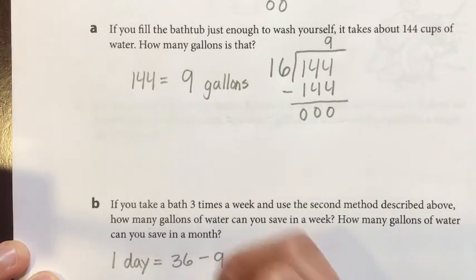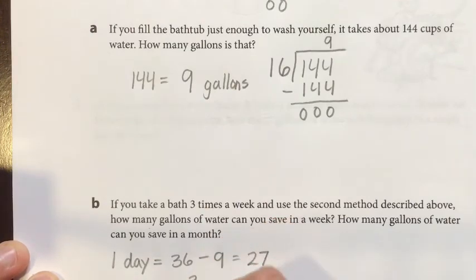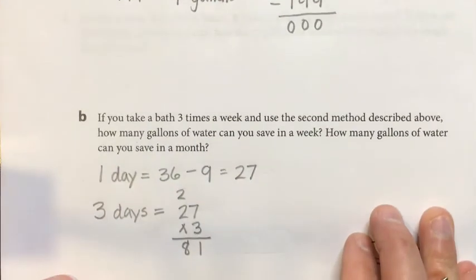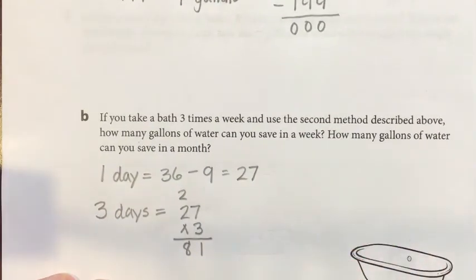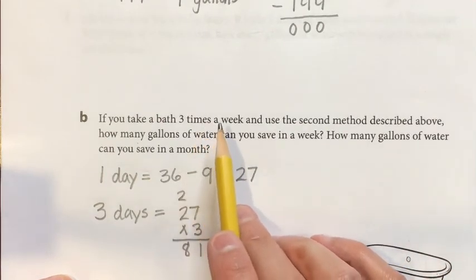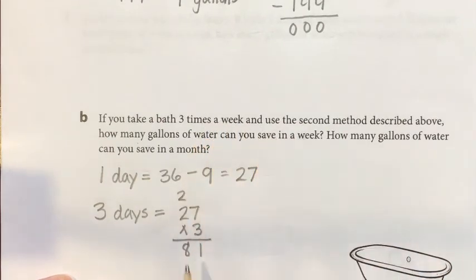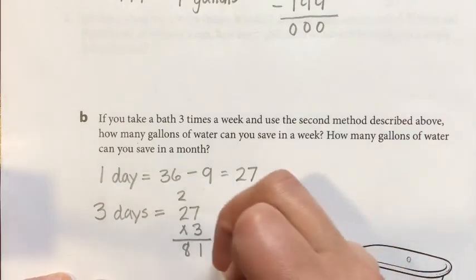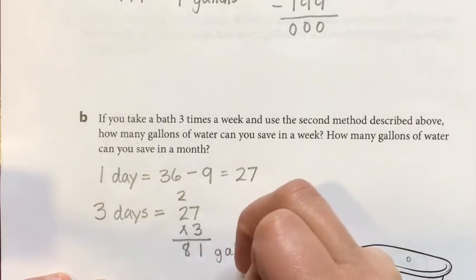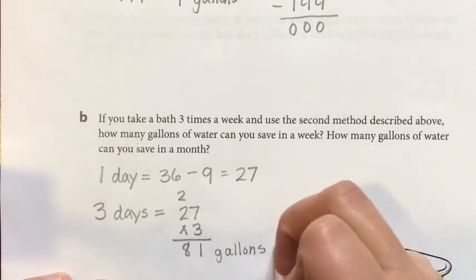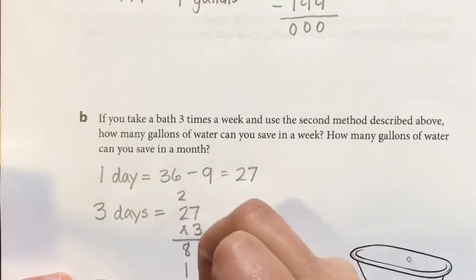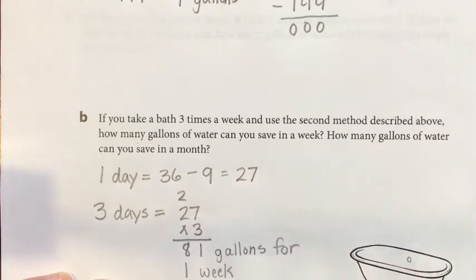Seven times 3 is 21. 3 times 2 is 6, 7, 8. I'm going to save 81 gallons in 3 days. So I figured out 3 times a week. In a week, I would save 81 gallons if I took a bath 3 times a week.